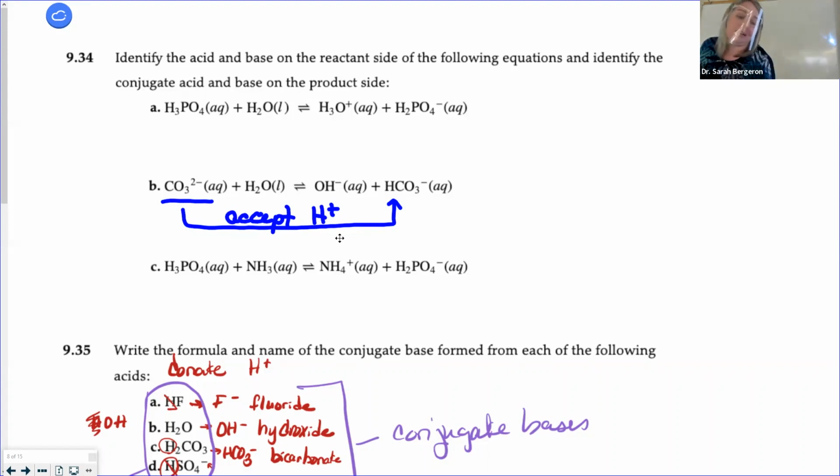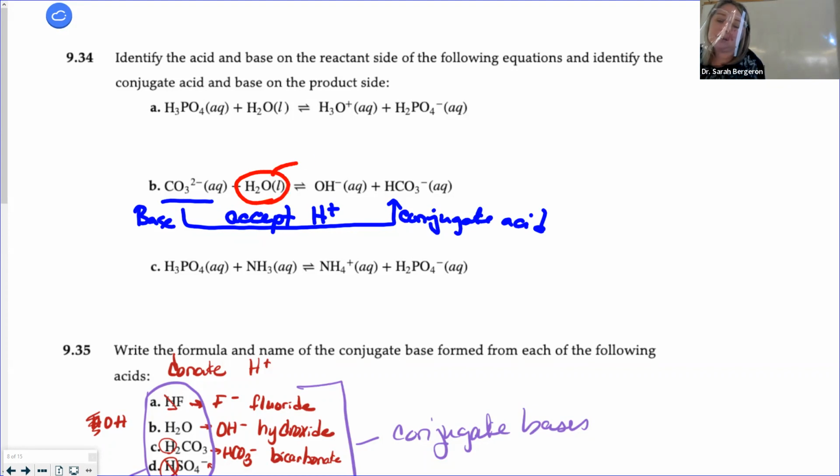We call them bases. So this is our base. And what is HCO3 minus? Conjugate acid. Good. Okay. So then what is H2O in this case? This is our acid. And what is OH minus? Conjugate base.